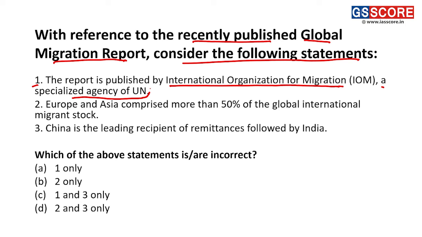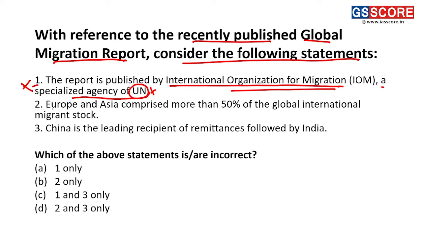Analyzing this statement, if you have read this report, then statement 1 becomes incorrect. Why? Because the International Organization for Migration is not a specialized agency under the UN. So this statement is incorrect.